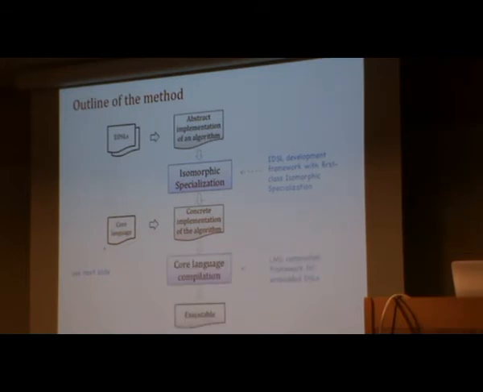Then, if you have an efficient compiler for this core language, in this work I will show how we use the LMS compilation framework for domain-specific languages and how it works in this context.